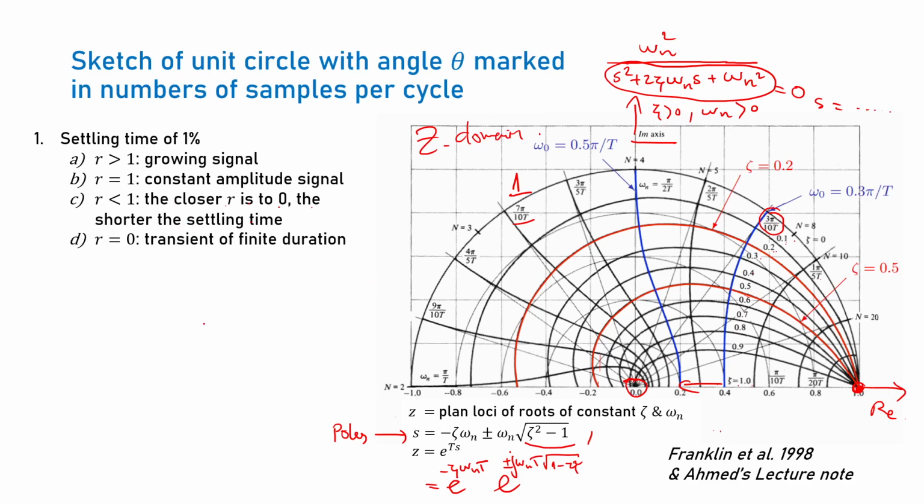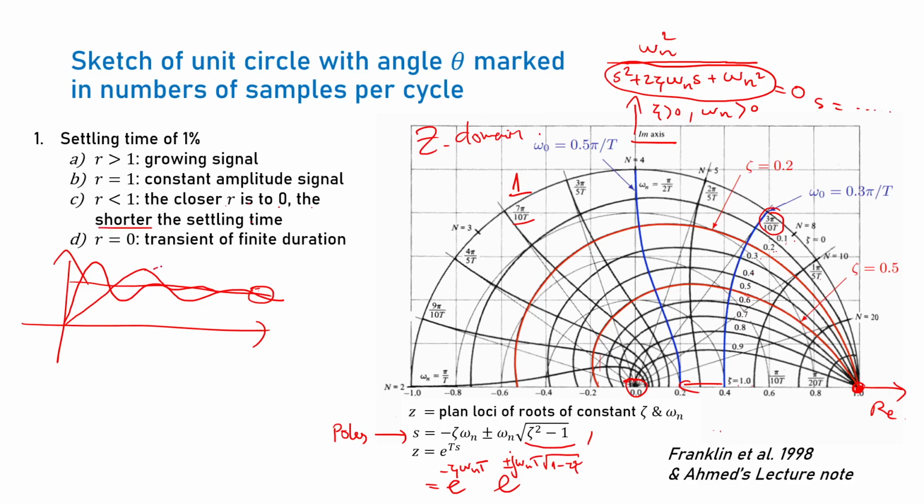Also for the settling time, let's say the response is like this, okay, this is slow rise time and slow settling time of 1% around here. No, I should not say slow or fast, because we say here short or long.